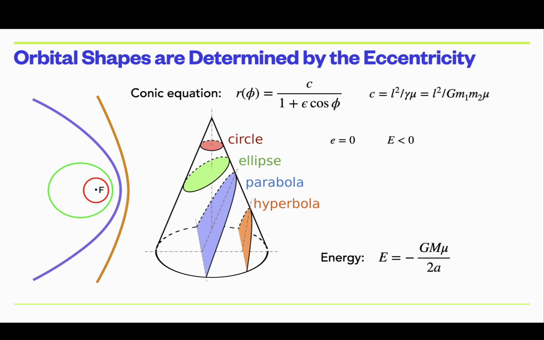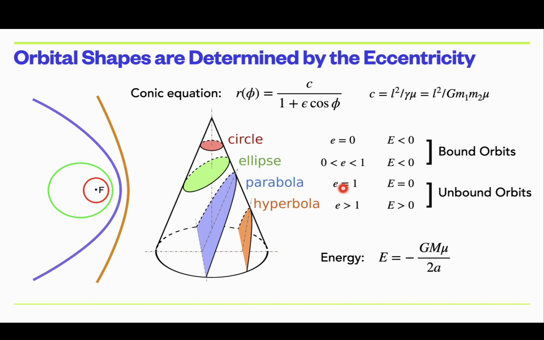Anyway, when the eccentricity is 0, the energy is negative, you get a circle. When the eccentricity is between 0 and 1, you get an ellipse. These are bound orbits. When the eccentricity is 1, you get a parabola. The total energy is exactly 0. And when the eccentricity is greater than 1, you get a hyperbola. And these two are unbound orbits.